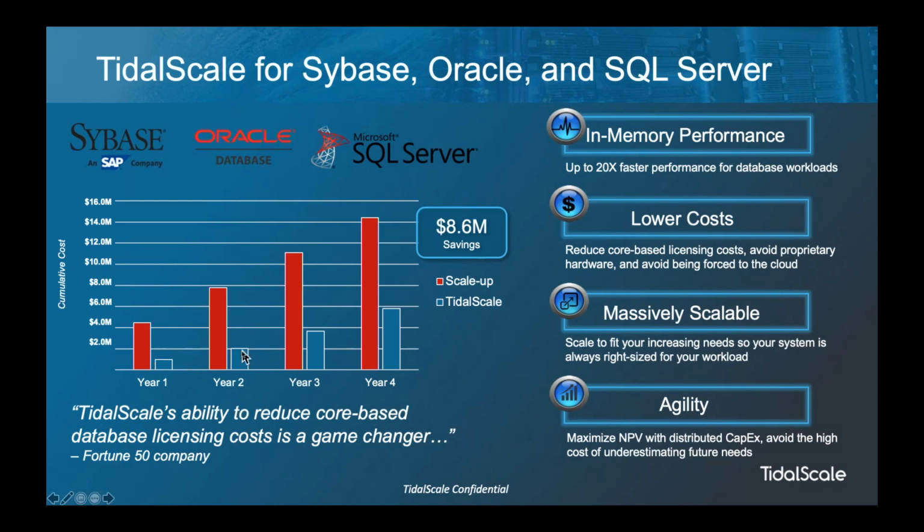And when I grow in a year, I can reassess my business requirements, and those business requirements may say that I need to buy more. I might be able to put it off for another 6 months, but I can grow every year as I need. And at the end of the day, when I look at the fact that I haven't paid maintenance costs that I didn't need to, and that I only purchased every single license that I needed when I needed it, my overall savings can be absolutely incredible. And again, we've seen this for multiple databases.